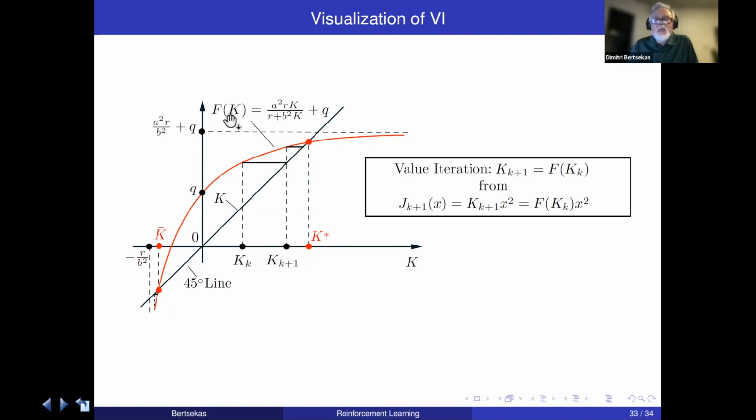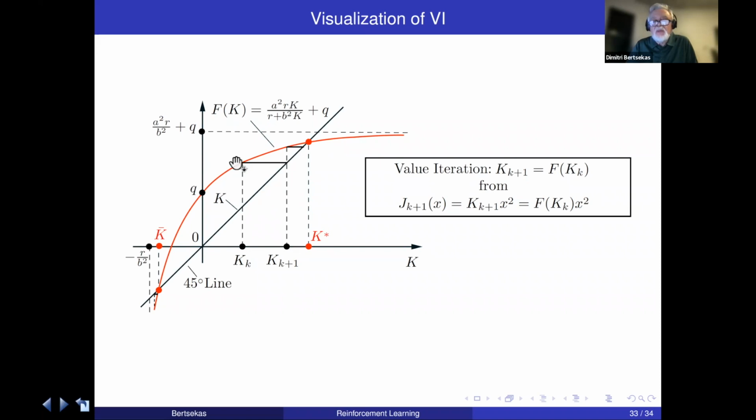We have the graph of this concave function, like this. We are at Kk. We calculate F of Kk, which is this point here, right? This is F of Kk. And now we reflect this over the 45-degree line over here.